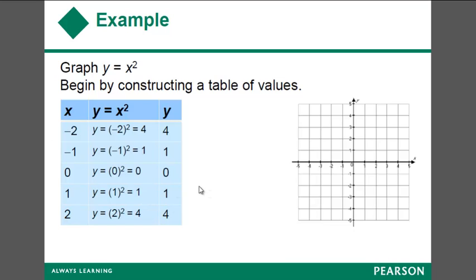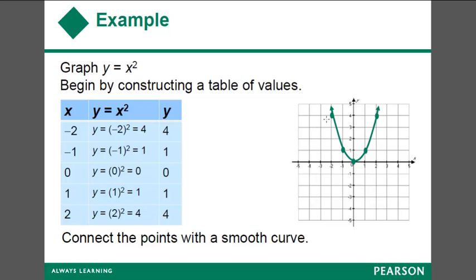After I get my table constructed, I'll plot my points just as I have here. I've plotted the points on the graph: (-2, 4), (-1, 1), (0, 0), (1, 1), and (2, 4). Once I have plotted the points, I connect the points with a smooth curve. And I have now graphed my equation.